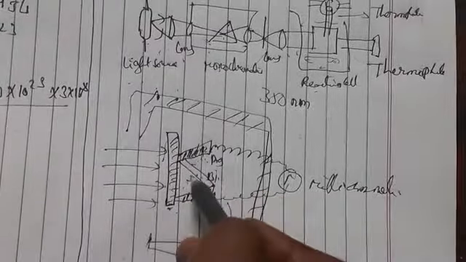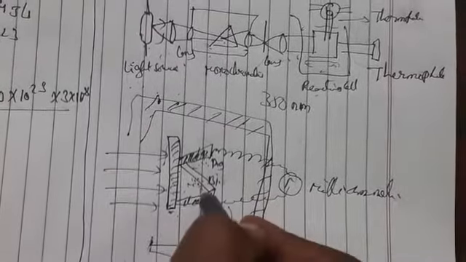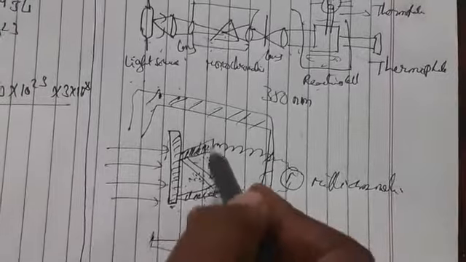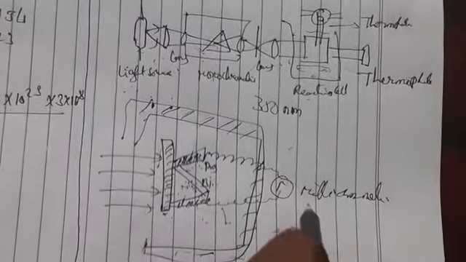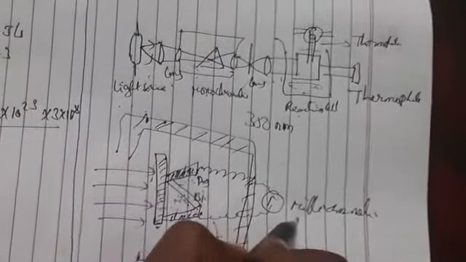The difference between these temperatures produces an electric current. This thermoelectric current in the circuit can be measured by a milliammeter connected to the thermopile.